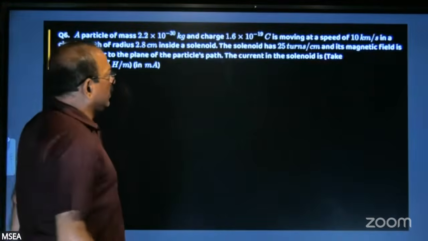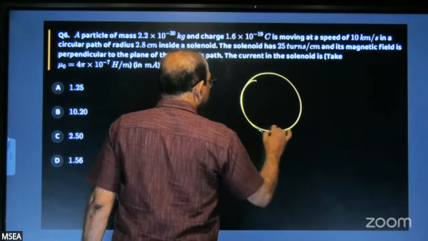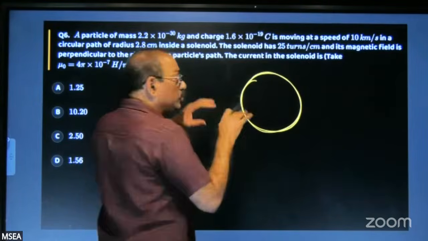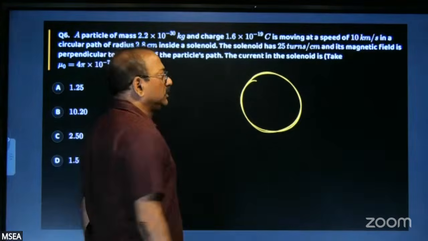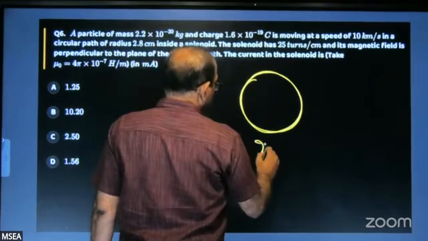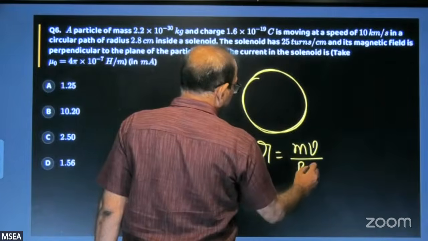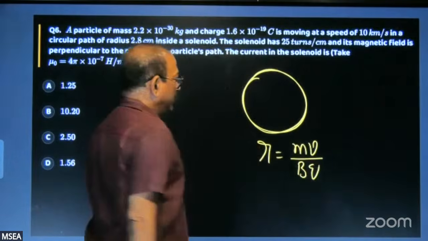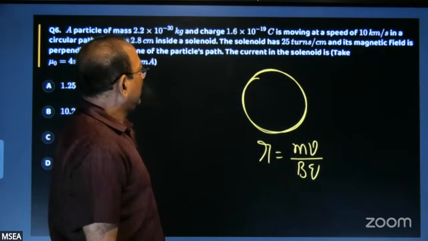A charged particle is moving on a circle in a magnetic field, the solenoid's magnetic field, and the radius of that circle is given. What is the radius of the circle formula? mv by BQ, where B is the magnetic induction due to the solenoid.